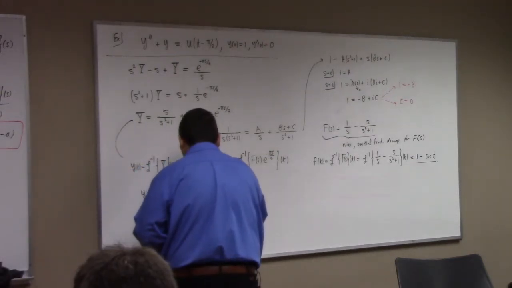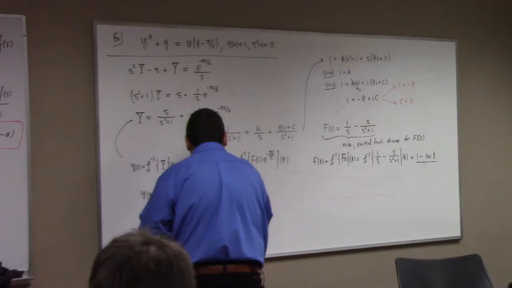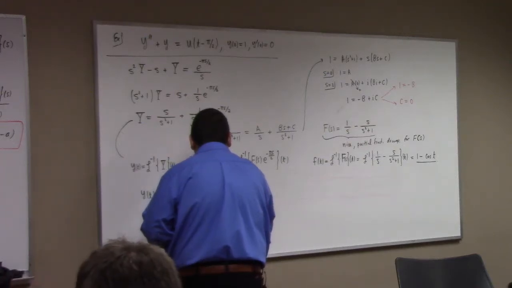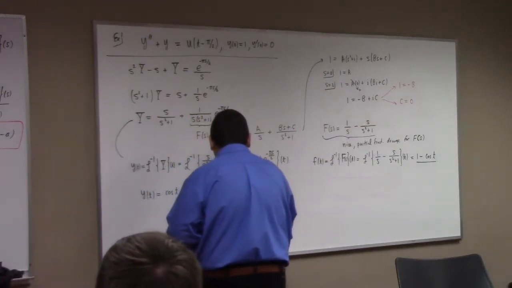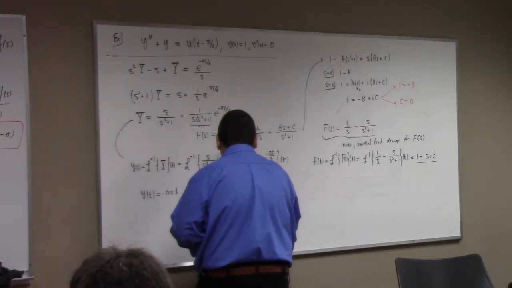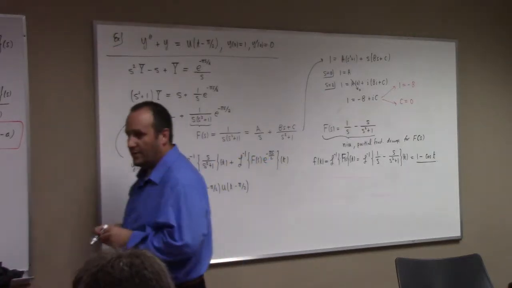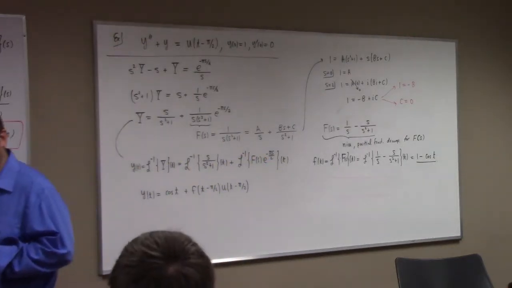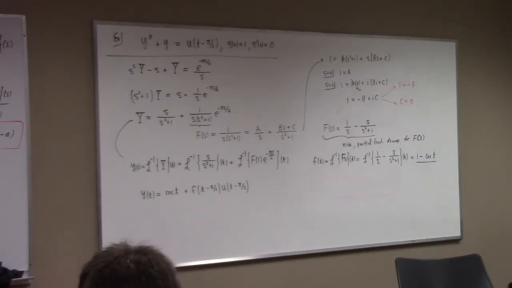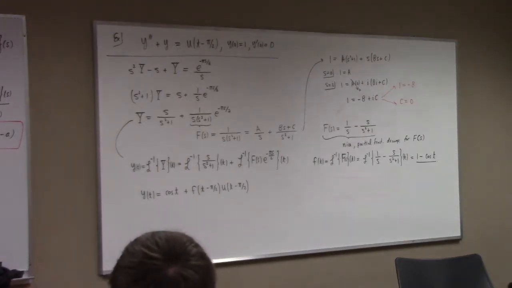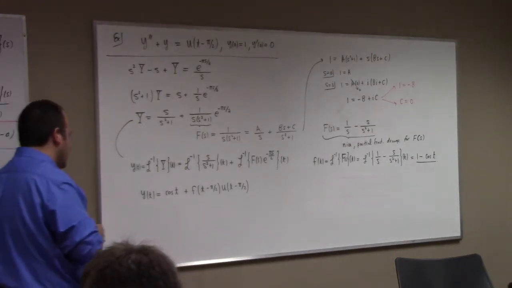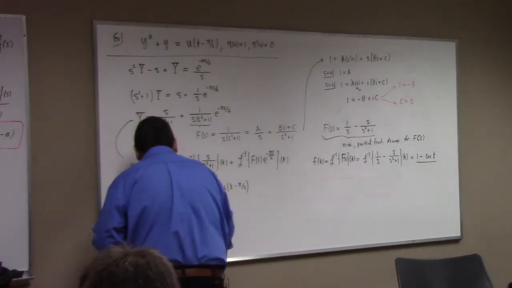We're going to have f of t minus pi over 2 times u of t minus pi over 2 by Pac-Man. But what is little f? We derived it's 1 minus cosine of t. So I have to evaluate f at t minus pi over 2.